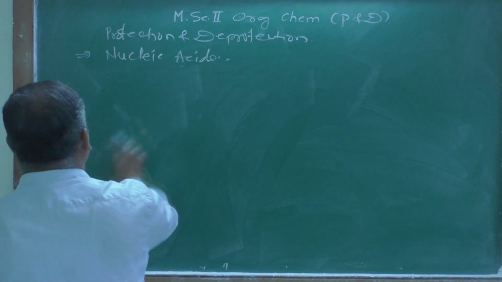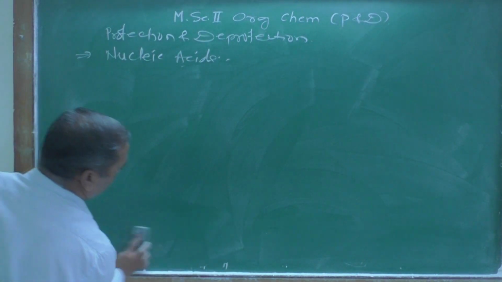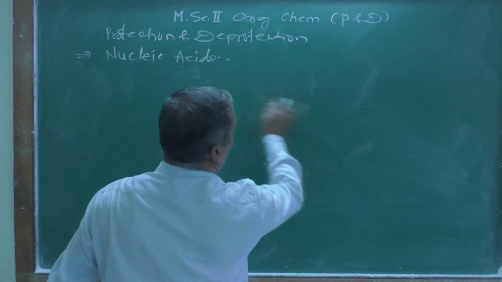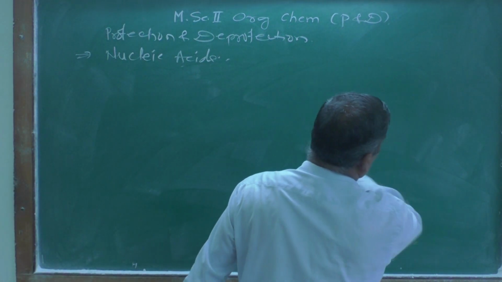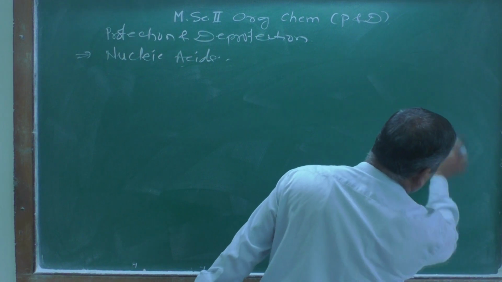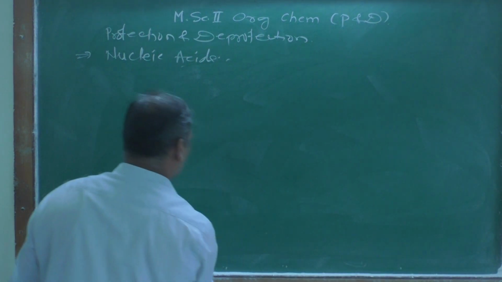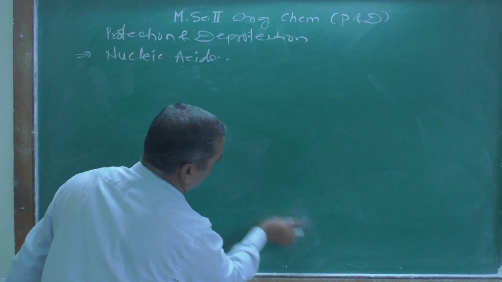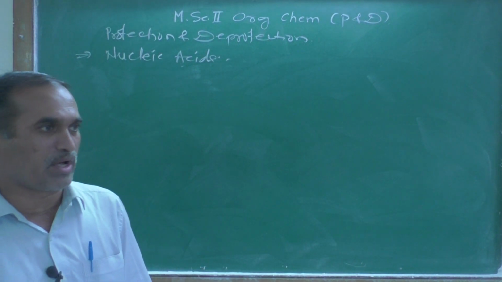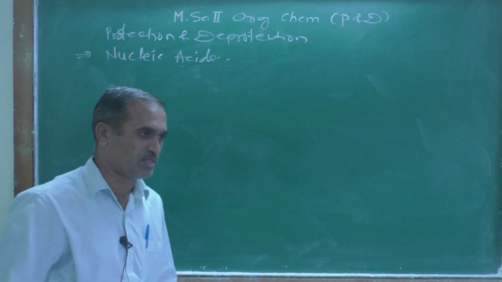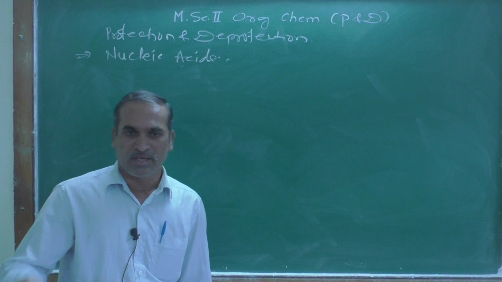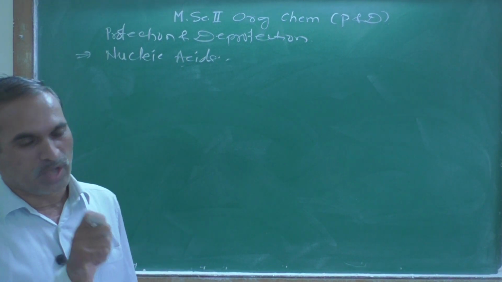Just now we have seen there are two types of bases. One is purine and the other is pyrimidine. Purine is further divided into two types, adenine and guanine. Similarly, pyrimidines are further divided into three types: cytosine, thymine and uracil.